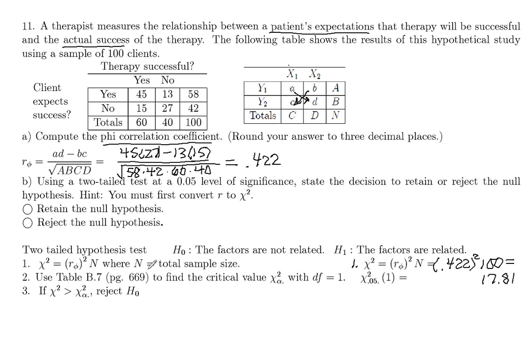Then we have to use table B7 on page 669 of the book and find the critical value that goes with the alpha we're looking at. Our alpha is right here, 0.05. So the critical value for chi-squared with 1 degree of freedom and 0.05 significance. Let's go to that table.